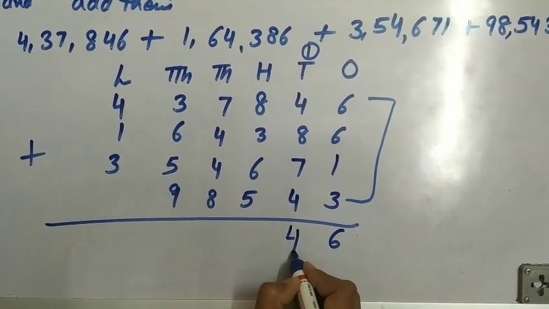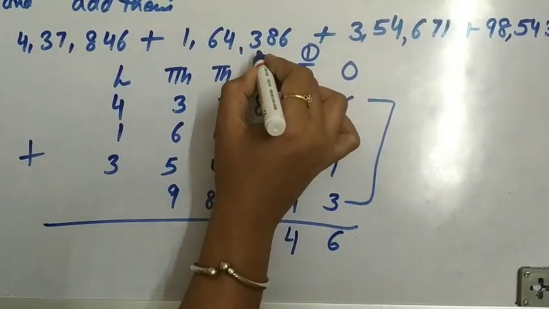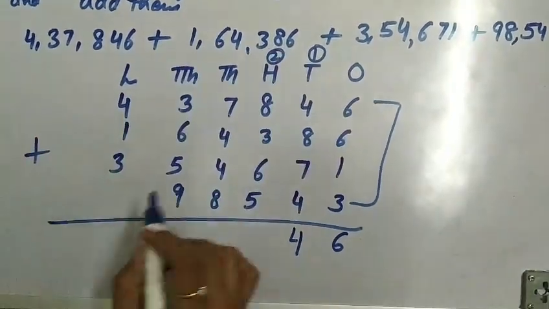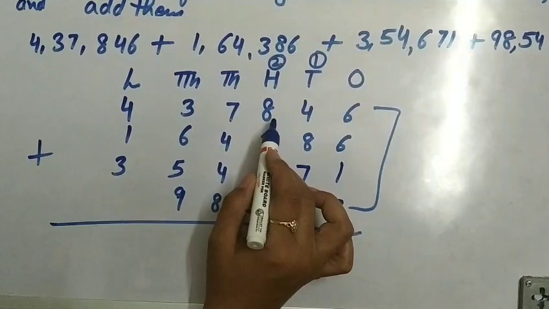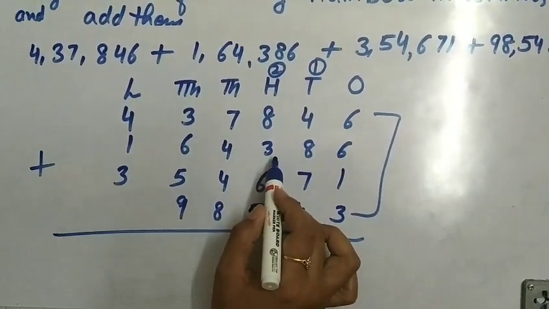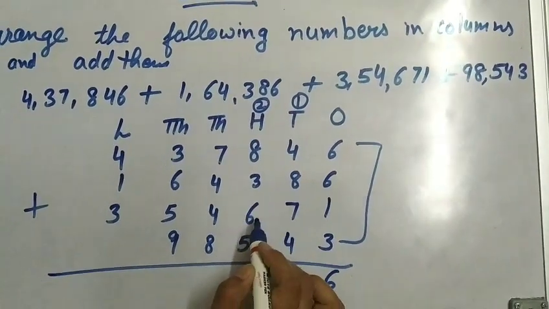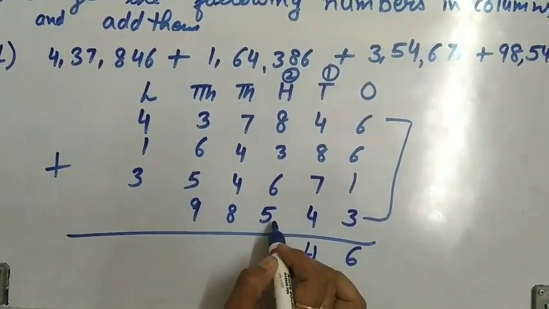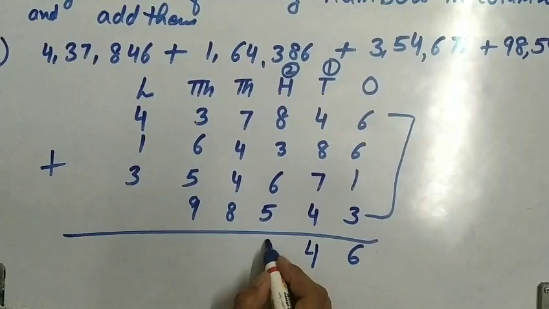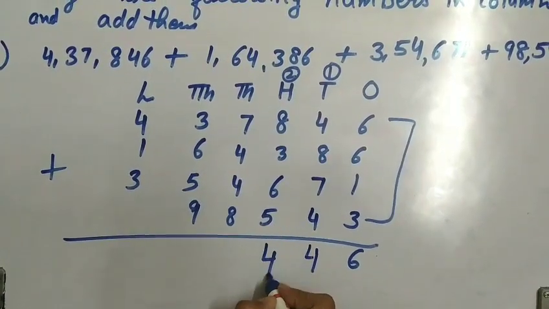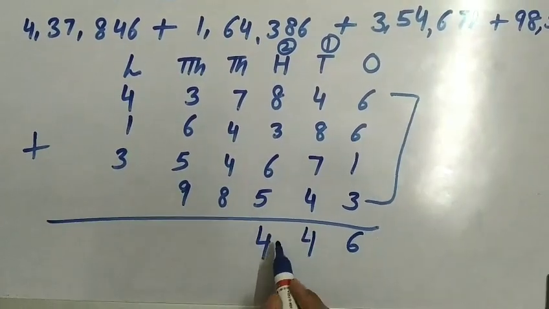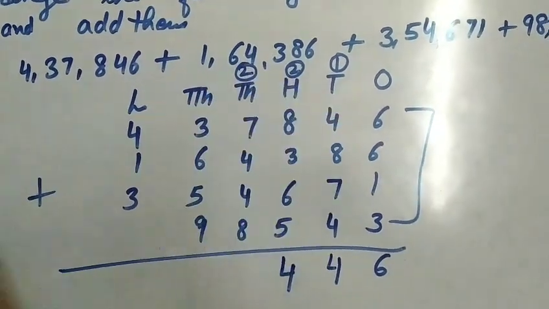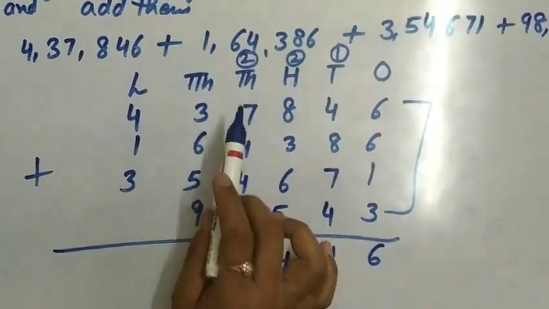We will write here 4, and 2 will be carried to the 100 place column. Now 2 and 8, 10, 10 and 3, 13, 13 and 6, 19, 19 and 5, yes, again 24. 4 we will write here, and 2 will be carried in the 1000 place column.